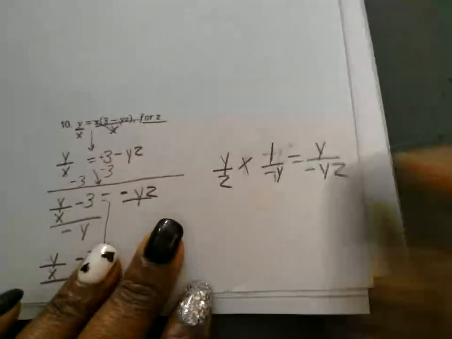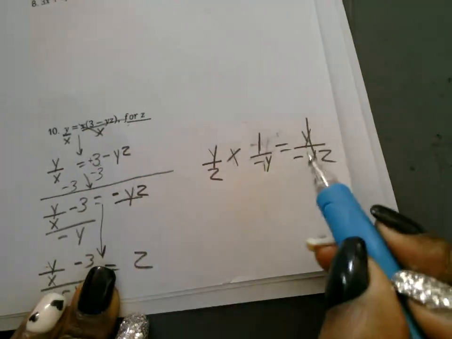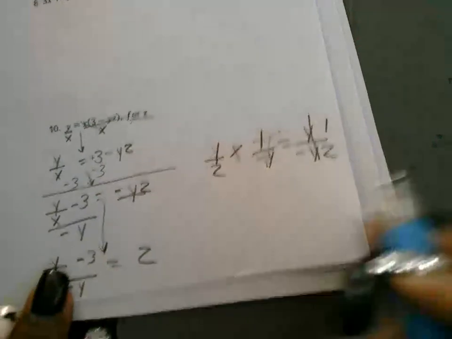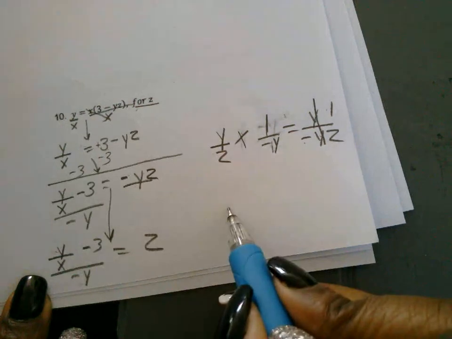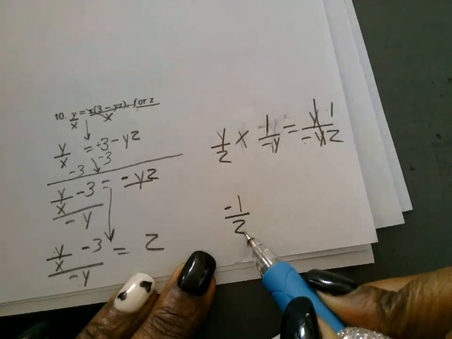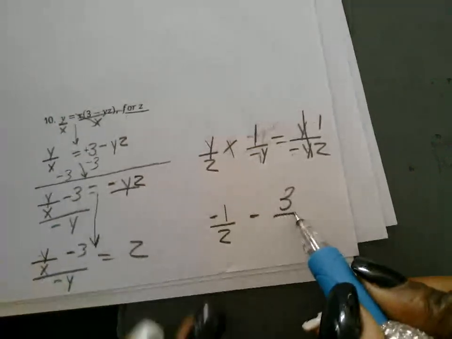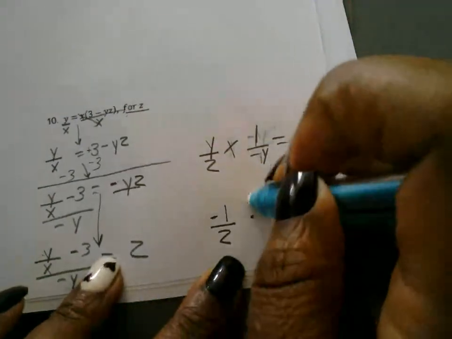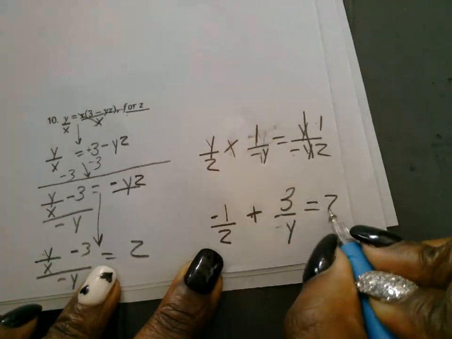Now when you divide y divided by y, that cancels out. What this leaves me with is negative 1 over z, because a positive divided by a negative makes that a negative 1. And then this side right here is going to be minus the 3, and we are dividing it by a negative y. A negative divided by a negative makes this positive. So this is what z is equal to.